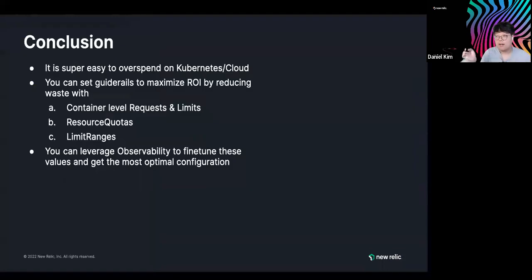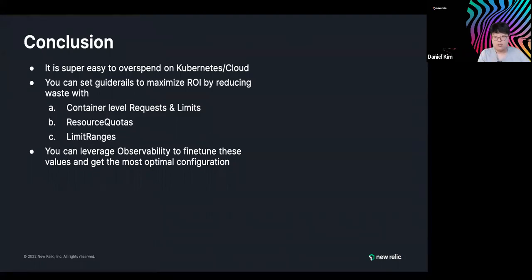During this webinar, I went over a lot of things, but here are some of the takeaways I want you to leave with. It's super easy to overspend on Kubernetes and in the cloud in general, because the cloud has made it really easy to deploy and spin up things very quickly with a couple lines of code.